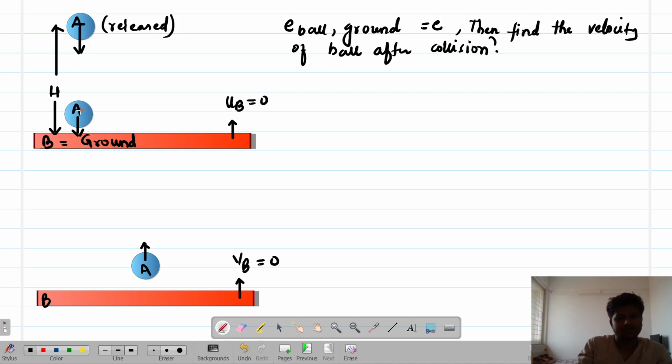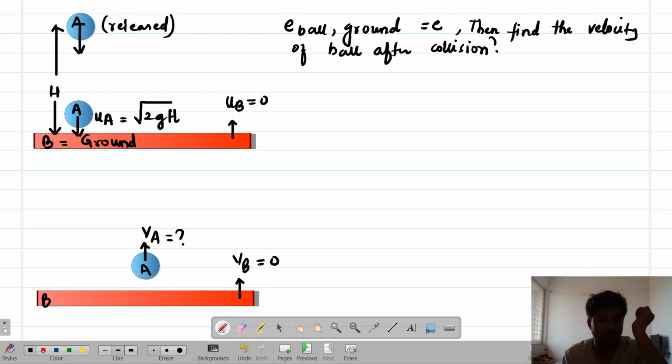And that is my U of A, which is exactly equal to root under 2gh. Are you able to get me or not? Is that clear? Now I'm asking what happens to this? So velocity of A I need to calculate after the collision, isn't it?